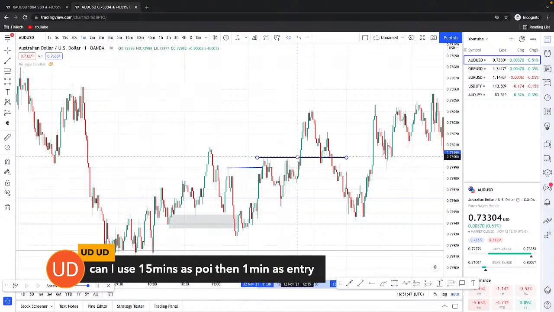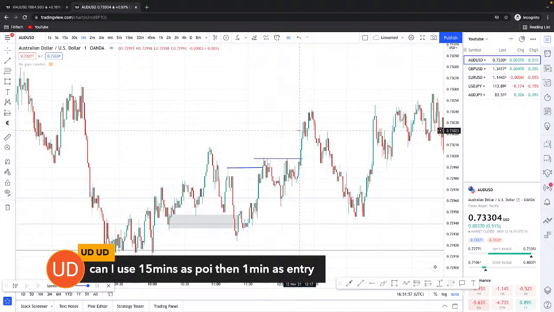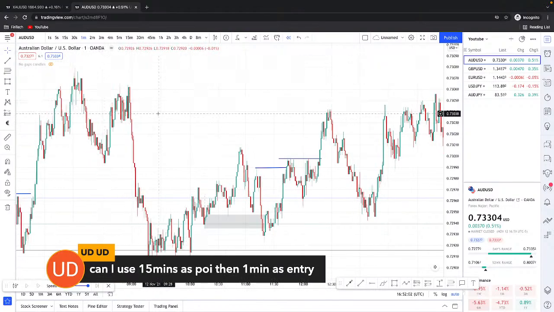Here is the second break, and the first break came from here, so you can look for the entry from here. That's how you do it. Okay, cool. Yes, I'm liking it. Thanks. Thanks, I appreciate it, man.